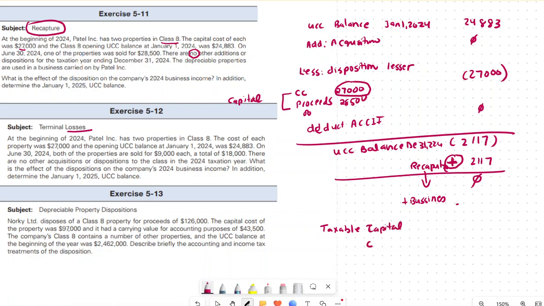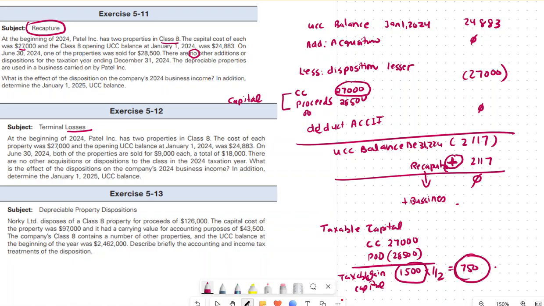The cost of the asset was 27,000, and the proceeds of disposition, what we sold it for, was 28,500. So we have a gain of 1,500, multiplied by half, 750, and that becomes my taxable capital gain. So my gain is 1,500, my taxable capital gain is 750.